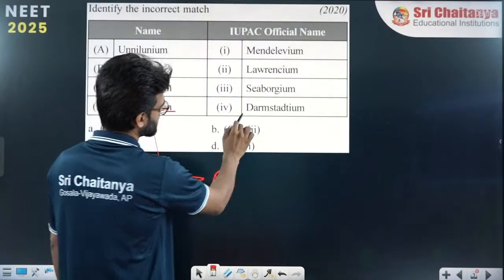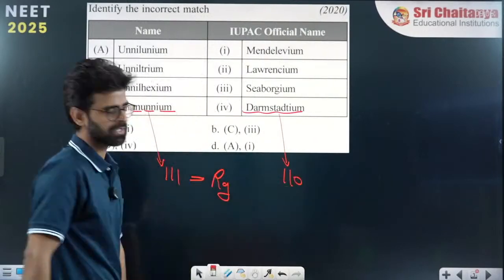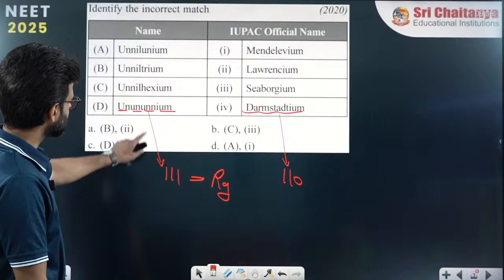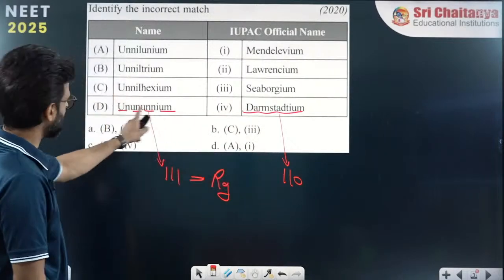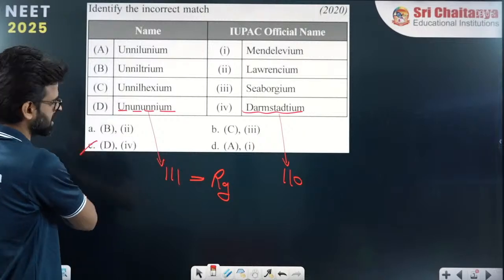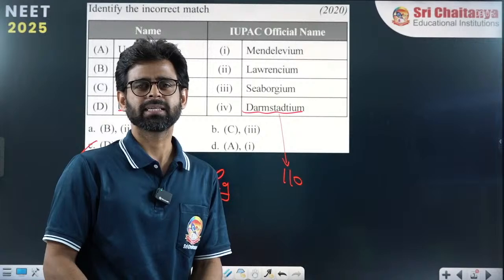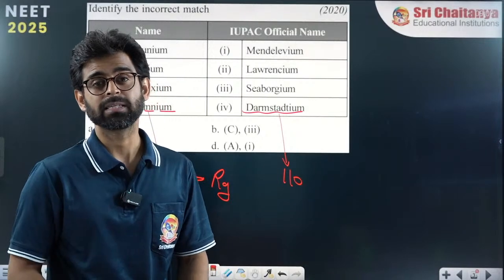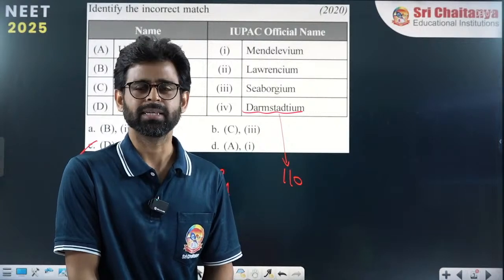This one, darmstadtium, is 110. That's why this is wrong. It is Rg, this one is 111. That's why this match is wrong, or you can say C is the right answer for this question. So it is a very important topic, how to write the IUPAC nomenclature for elements having atomic number more than 100.